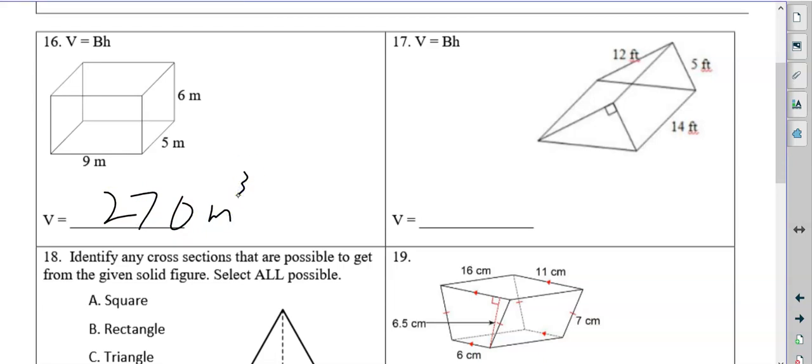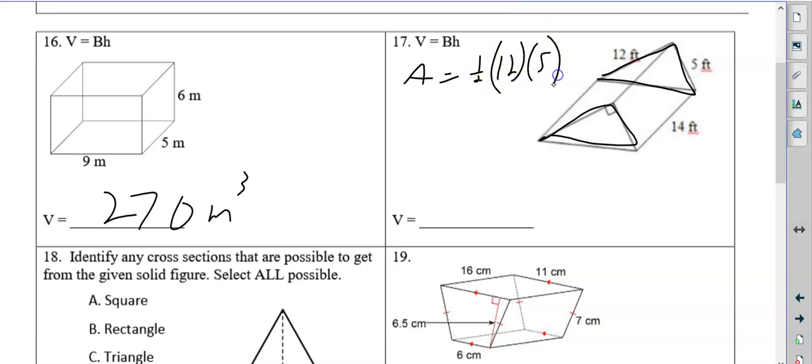All right, area of the base. What is the base? The base is the two shapes that are the same. Okay? So the area of the base is 1/2 base times height. Again, we're using that name base multiple times. Okay?